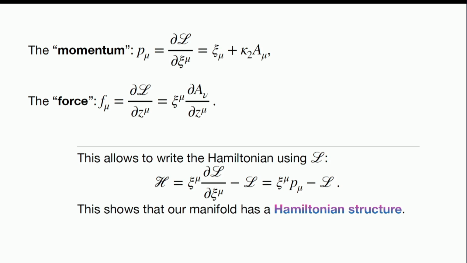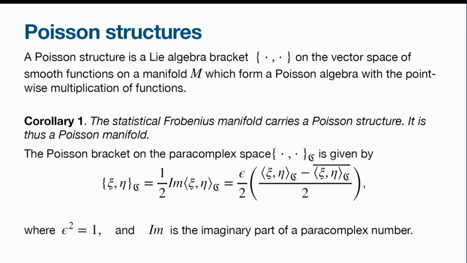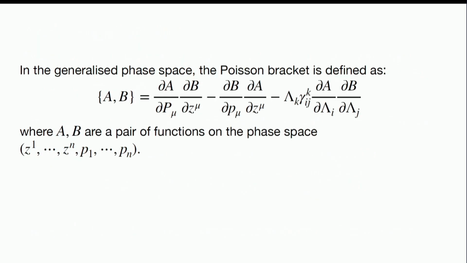So we have a Hamiltonian structure, and I'm almost done. The corollary is that SFME carries a Poisson structure, and it is thus a Poisson manifold. And so I calculated everything using paracomplex numbers here. This is more of a standard Poisson bracket.